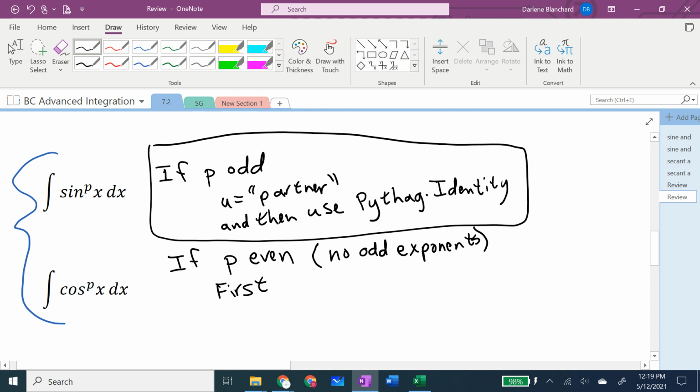First thing you are doing is bringing in a particular trig identity. Do you remember what that pair of trig identities is? The sine squared equals 1/2, 1 minus cosine 2x.